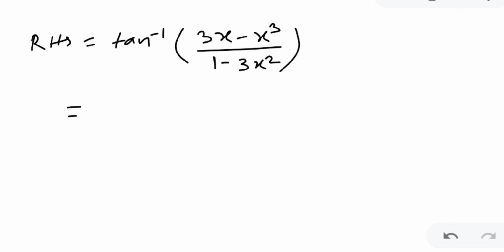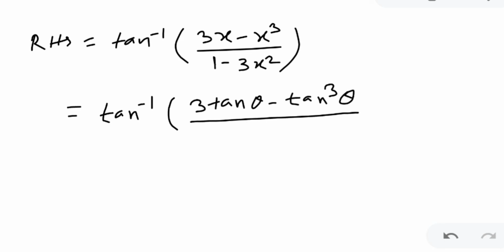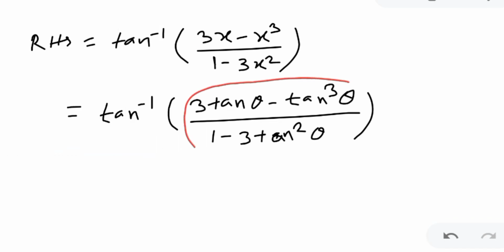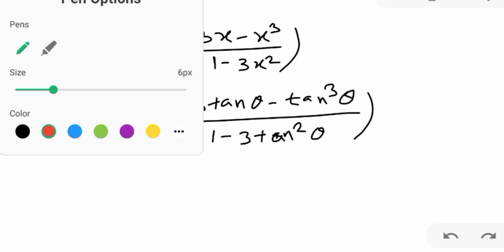Tan inverse of 3 tan theta minus tan cube theta divided by 1 minus 3 tan square theta, and we know this is the formula for tan 3 theta. Tan 3 theta is 3 tan theta minus tan cube theta divided by 1 minus 3 tan square theta. So instead of this value I will write tan 3 theta.